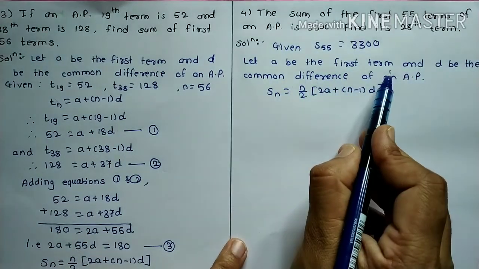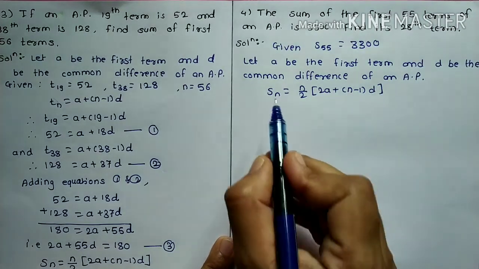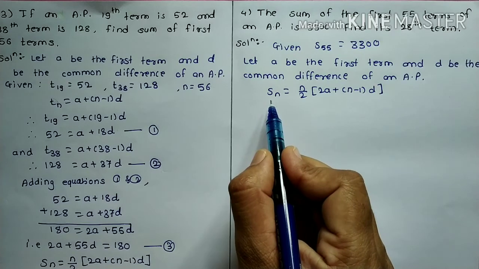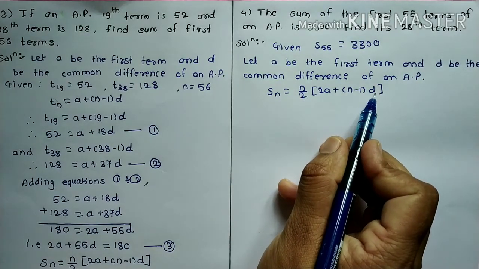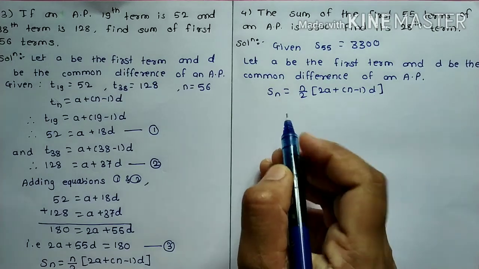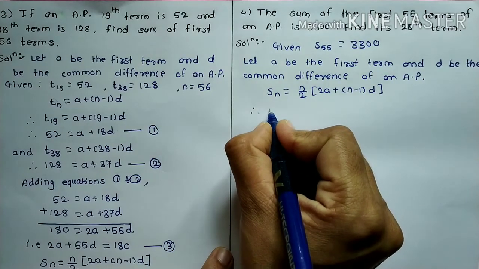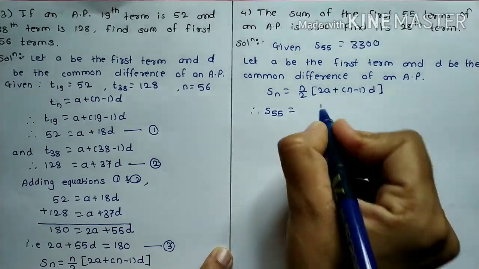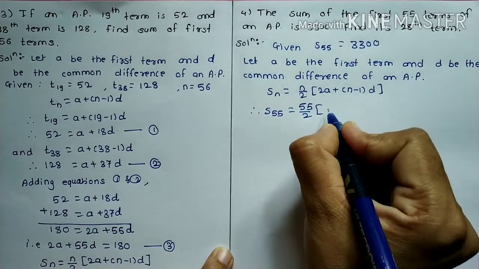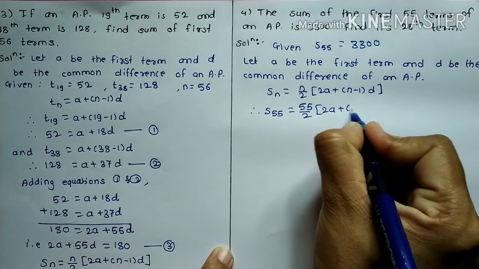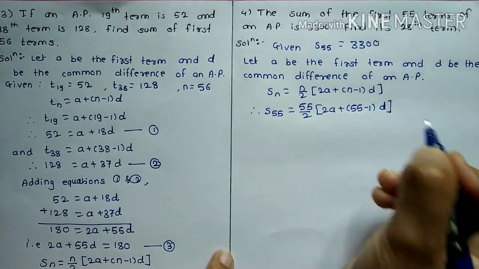Let A be the first term and D be the common difference of an AP. Then write down the formula of Sn. Sn is n upon 2 into 2A plus n minus 1 into D. Now substitute values. Therefore S55 equals 55 upon 2 into 2A plus 55 minus 1 into D.